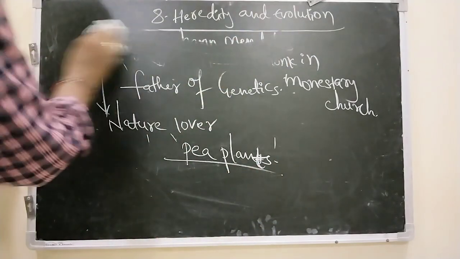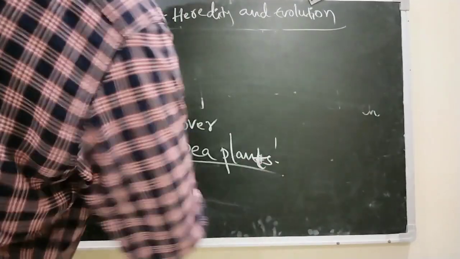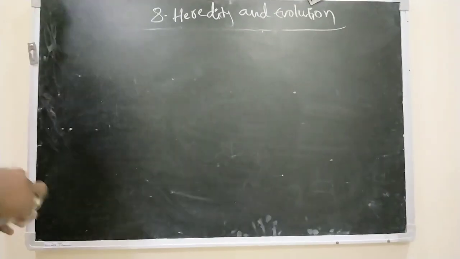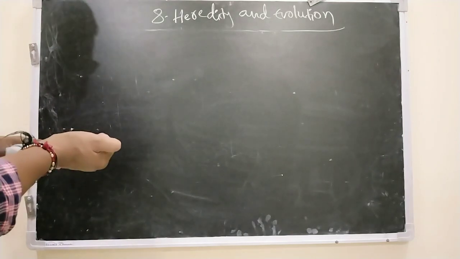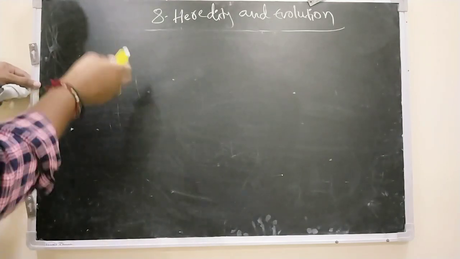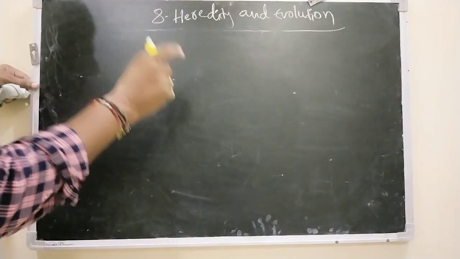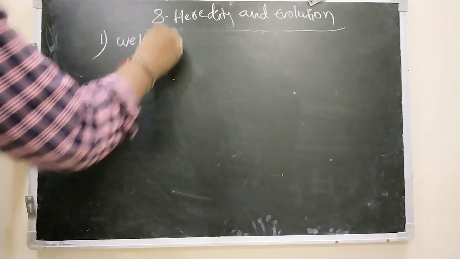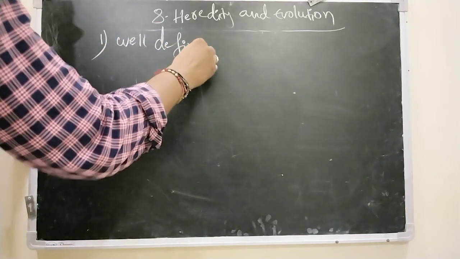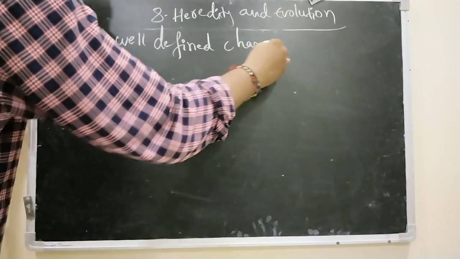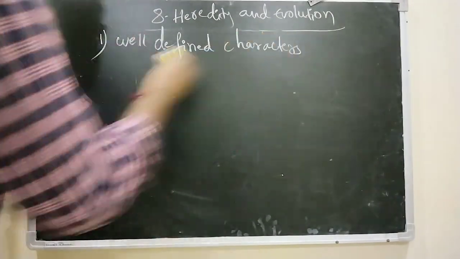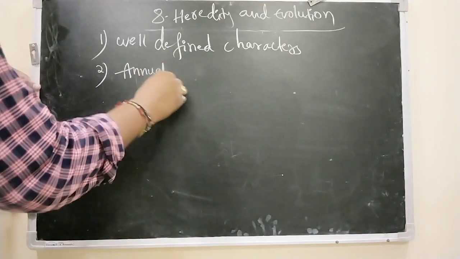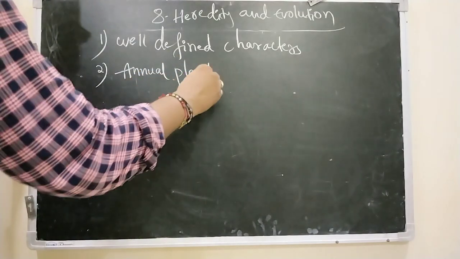Okay, so what did he observe in pea plants, why did his attention divert towards pea plants? The main reason why he selected pea plant is because of these features. One is well defined characters. Another one is that it is an annual plant, which completes its life cycle in a year.